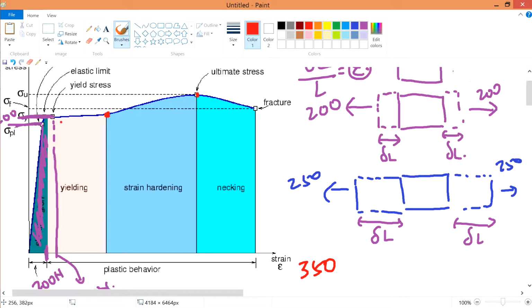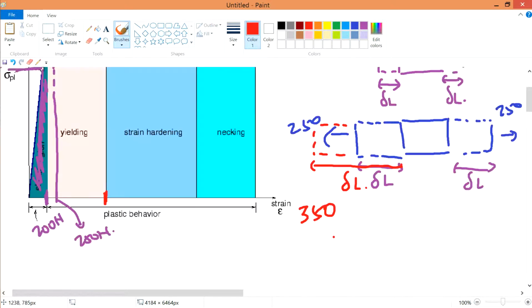Once you stretch it up to a certain strain, or up to a certain length, maybe you may extend up to here. You may require a higher amount of stress to further increase its changes of strain.